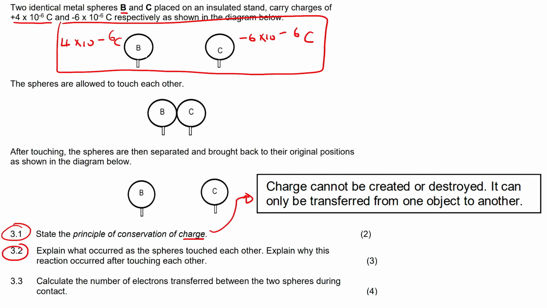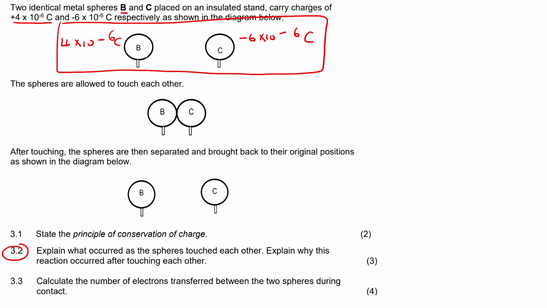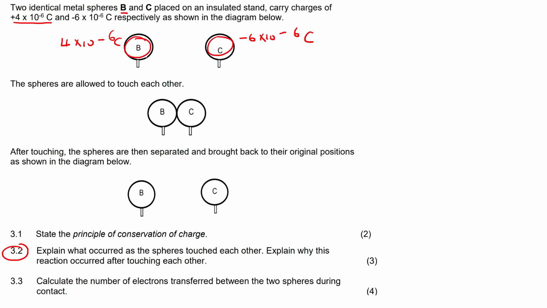Now, explain what occurs as the spheres touch, and then explain why this reaction occurred after touching each other. Okay, very, very easy. Let me try to help you understand this. So all it is the following. We must understand that inside these objects, any objects in life, we've got protons and electrons, okay? But let's just keep it to these two.